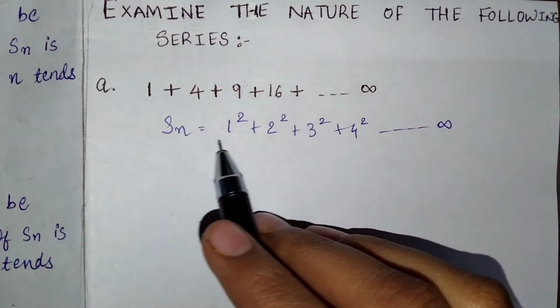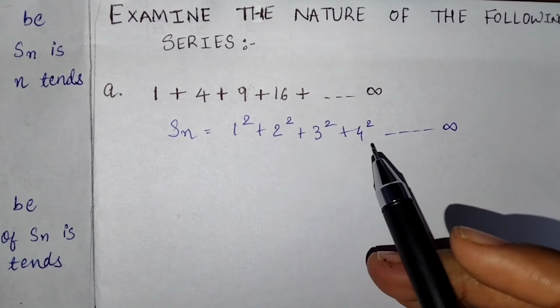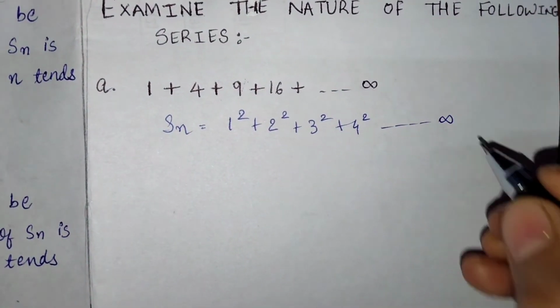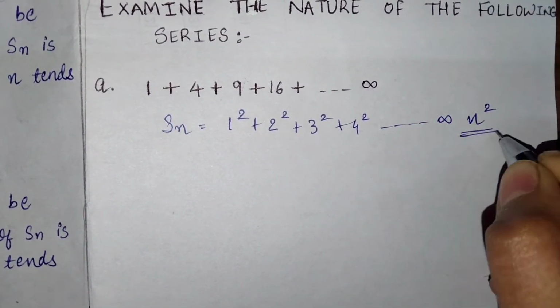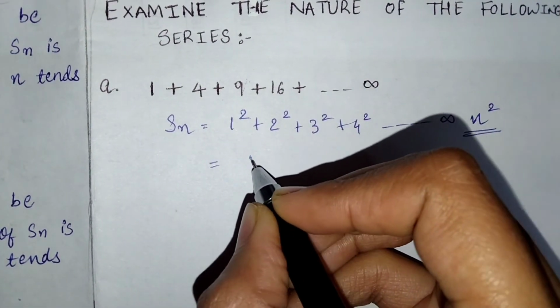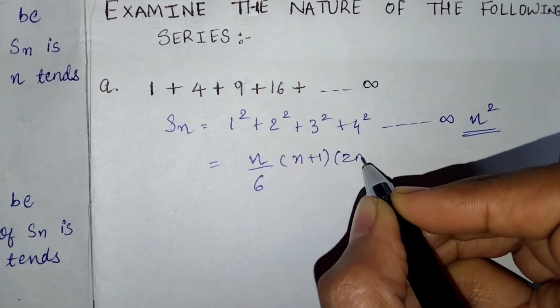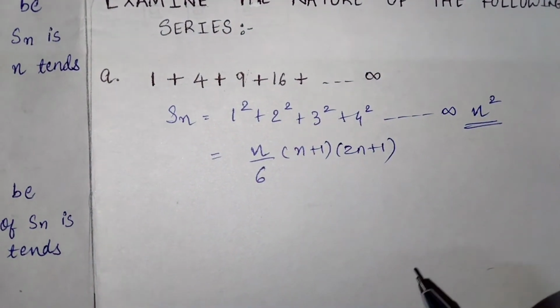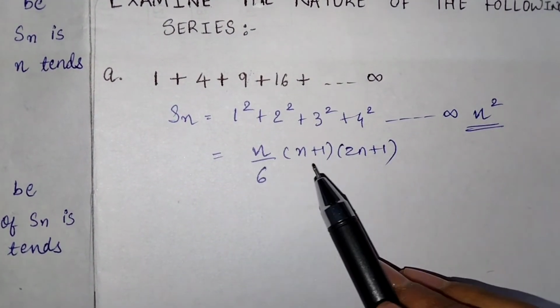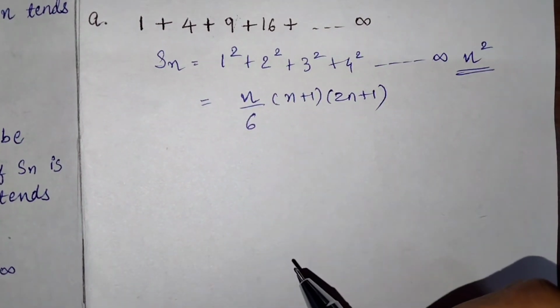But the summation of n square terms is directly given by the formula n by 6 into (n + 1) into (2n + 1).